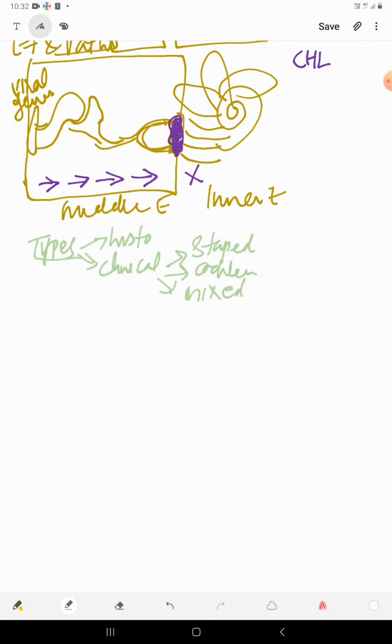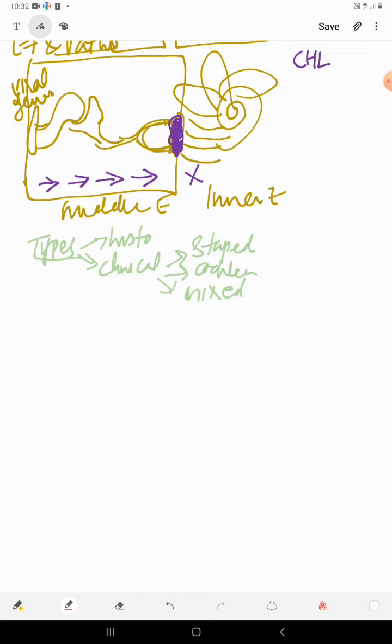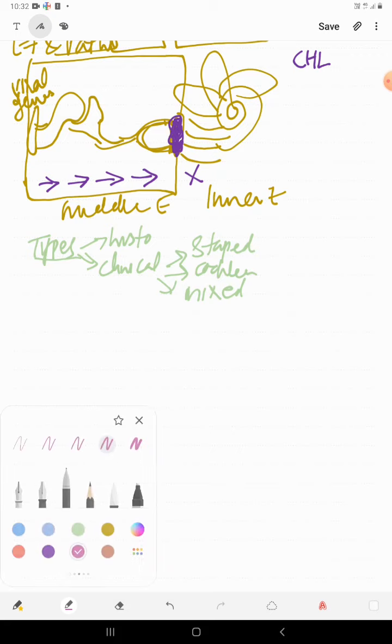In stapedial otosclerosis, the problem is in the stapes. What we have shown in this picture is that the stapes is having a problem plus ankylosis in the membranous labyrinth. So this is the bony labyrinth, we know this is the bony labyrinth.